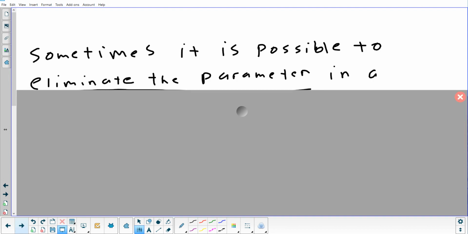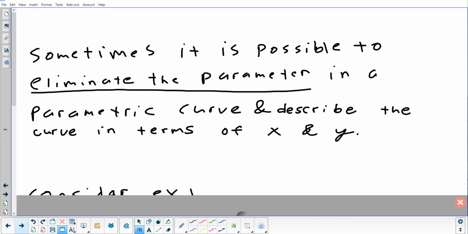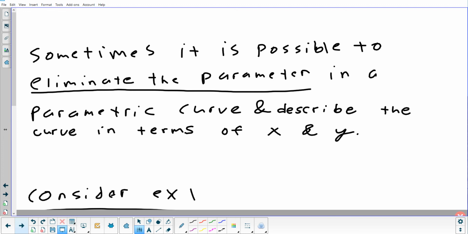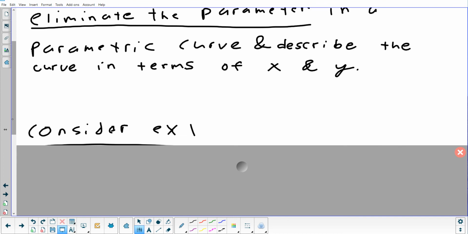And let's take a look at an example where we can convert something that's parametric back to the type of equation that we're used to, y equals. So we're going to take that same problem we just did, but this time, I want to rewrite it as y equals mx plus b.